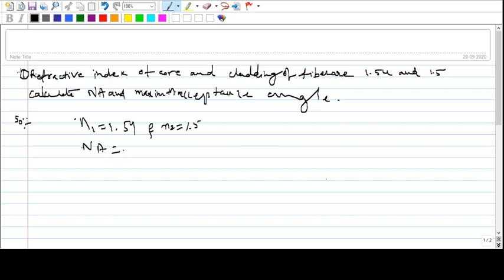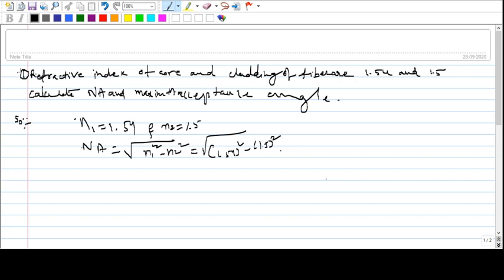NA is equal to the square root of n1 square minus n2 square, that is the square root of 1.54 square minus 1.5 whole square.